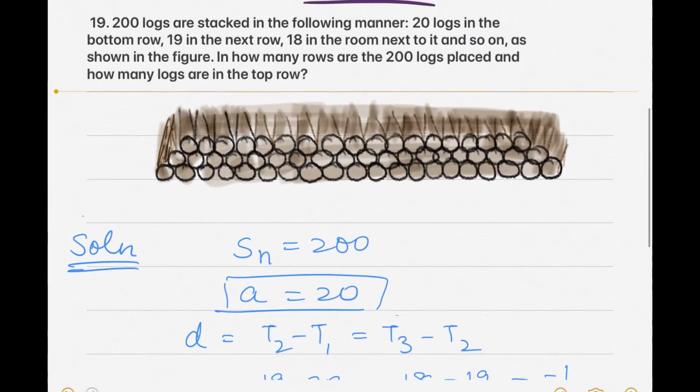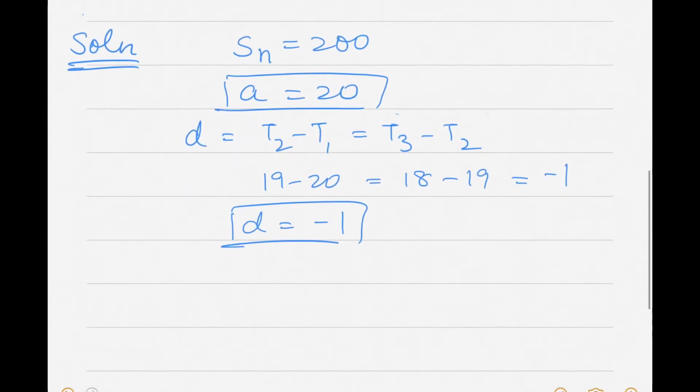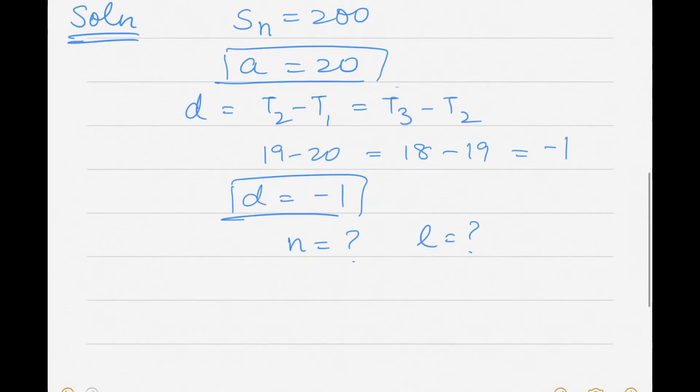n I have to find out, and I also have to find the last term. So which should I put first? I can go for the nth term formula because a and d are given to me. So the nth term tn is equal to a plus n minus 1 into d.